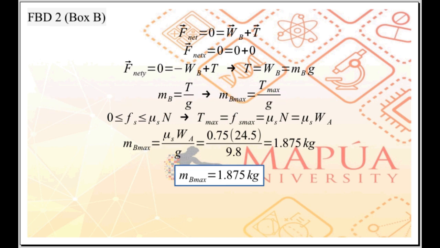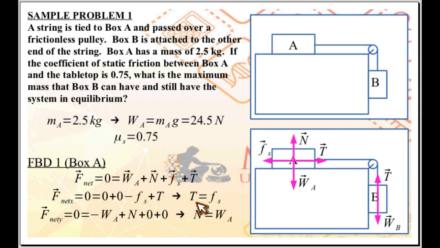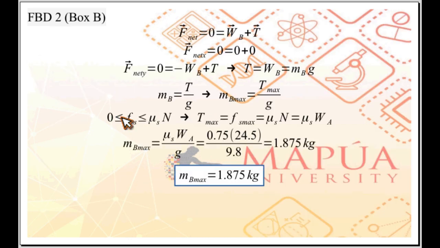And you will recall that tension T is just equal to static friction between box A and the tabletop. Static friction ranges from 0 to a maximum value. So if we set static friction to maximum value, mu S N, tension T will also be maximum value.